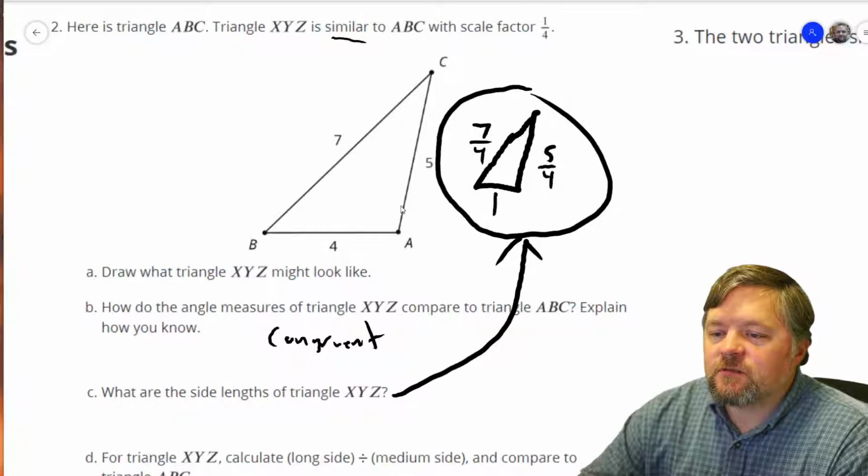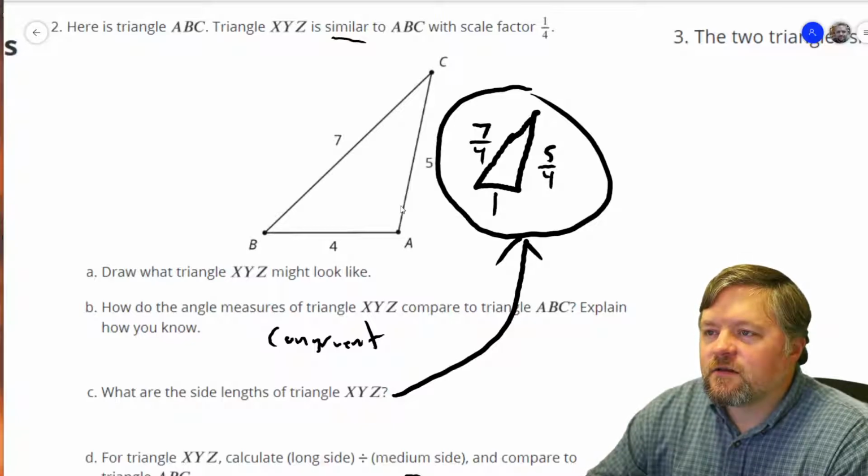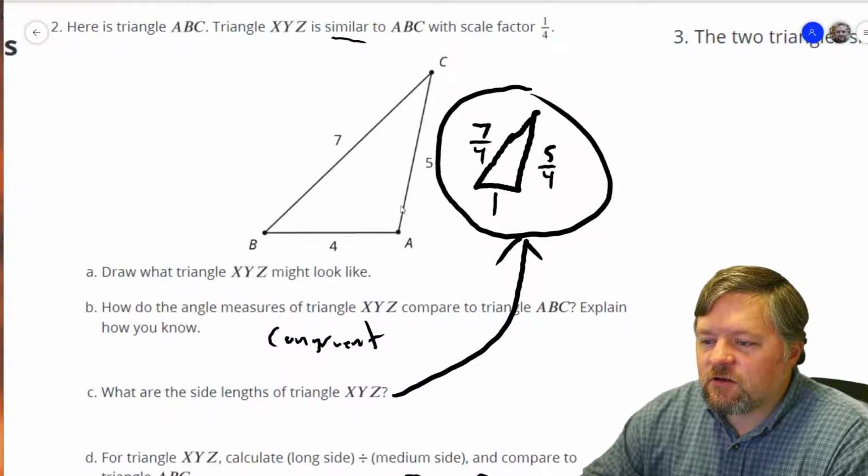XYZ is going to be 7/4 divided by the medium side, which is 5/4.